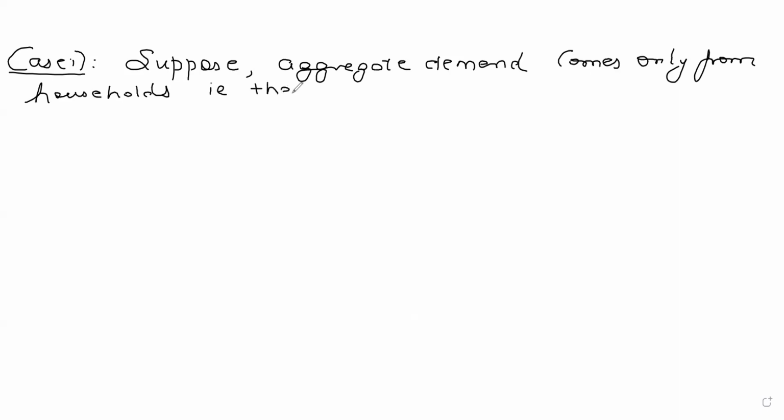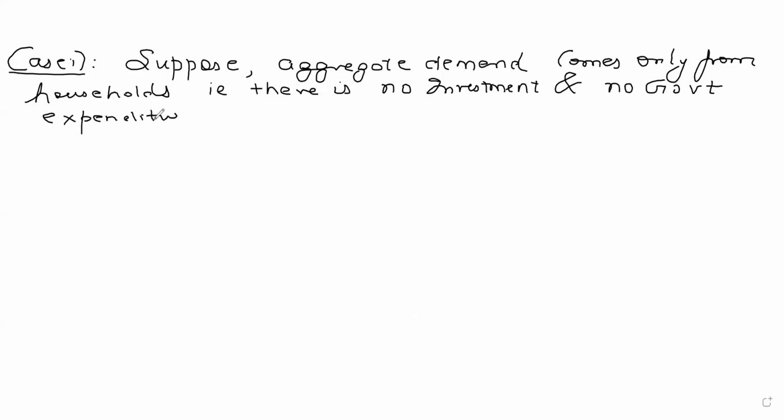That is, there is no investment right now, we are assuming, and no government expenditure. There is no investment and no government expenditure. Okay, so I can write what is my aggregate demand function. So my aggregate demand will only be equal to C, which is my consumption.